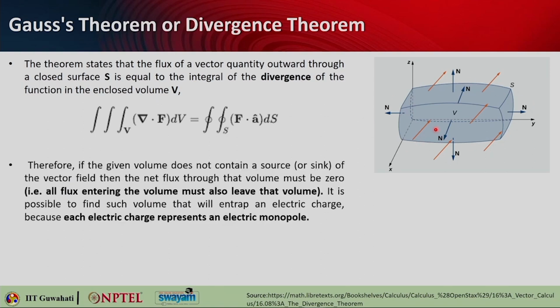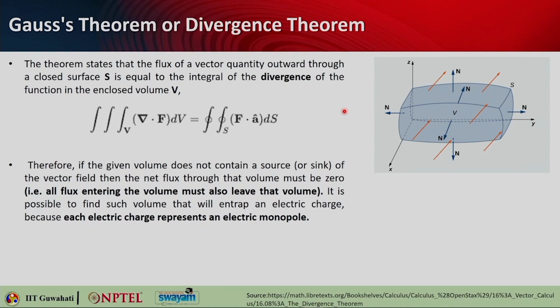In this equation, V denotes the volume, F denotes the analyzed vector field, S is the surface that is covering the entire volume, and a cap is the unit normal vector. So from this theorem, what do we understand?